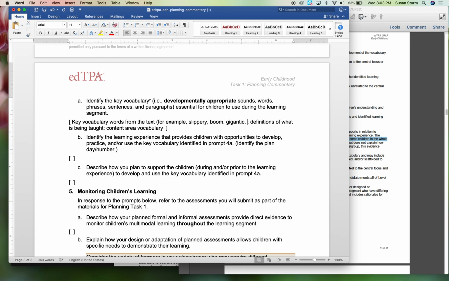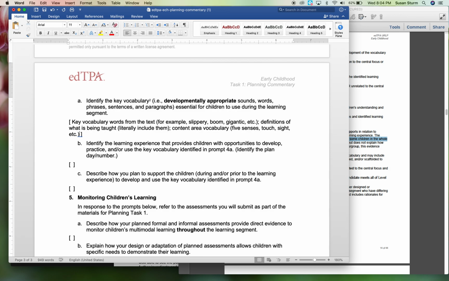So you're going to put a bunch of exact examples, definitions of what's being taught, so you'll actually literally include them. And then content area vocabulary, so if you're working on the 5 senses, touch, sight, etc., you can list those out. So these are the actual words and the vocab that you're going to teach them that are essential for them to use during the learning segment.